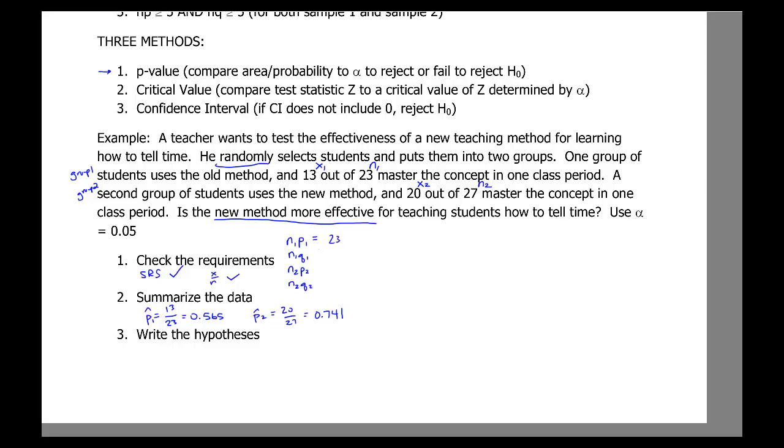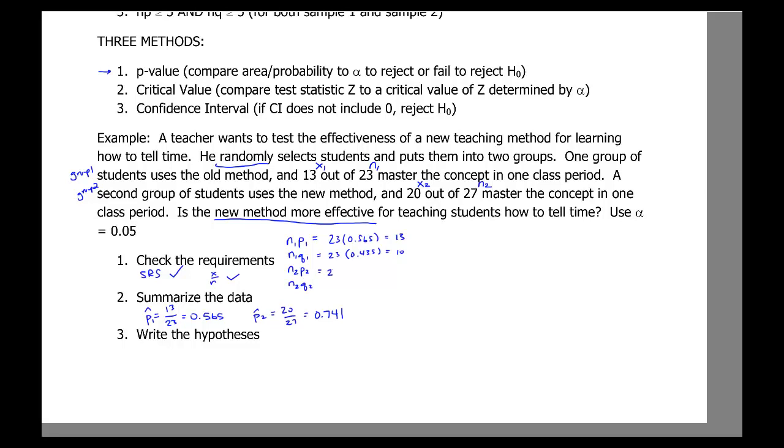So n1 is 23, p hat 1 is 0.565, and if you multiply those you get right around 13. I'm going to round these. N1 again is 23, Q1 is 1 minus P1, so it would be 0.435, and multiplying those you get right about 10.